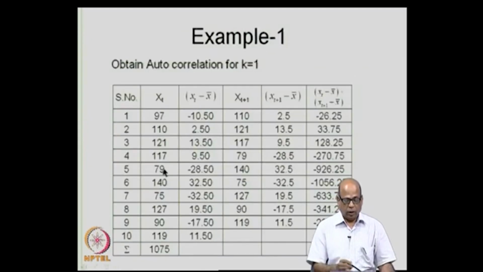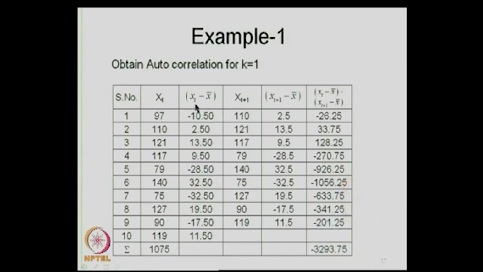So, we compute x bar first from summing of this. So, x bar is known and then x t minus x bar. Because we are talking about k is equal to 1, which means you are getting the sample estimate for rho 1, we lag the series by 1 time unit.